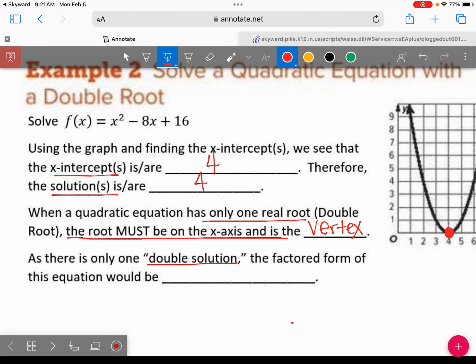We'll talk about this later, how the factor form would be, but the factor form would be squared. And we'll talk about how to find that actual factor later.